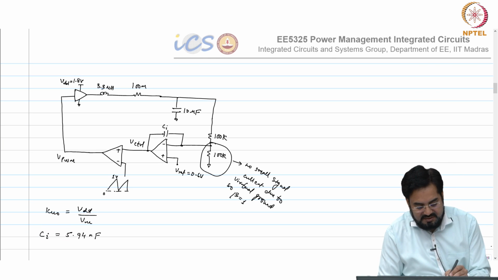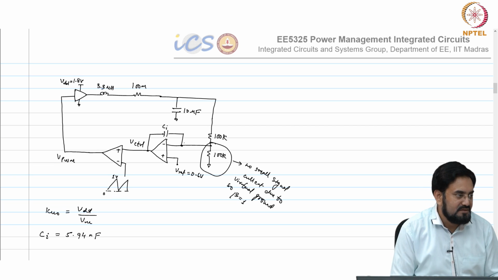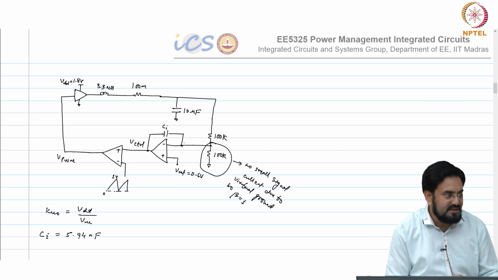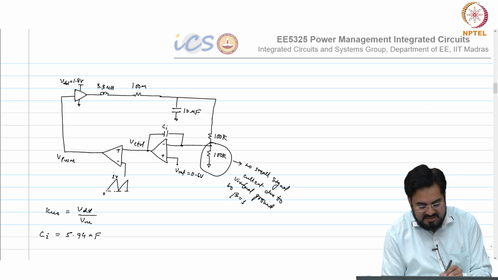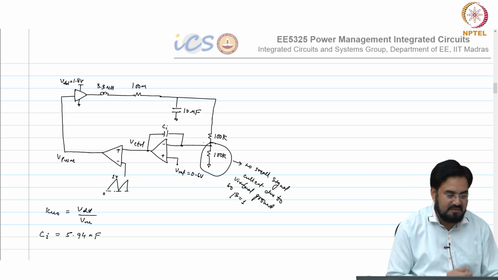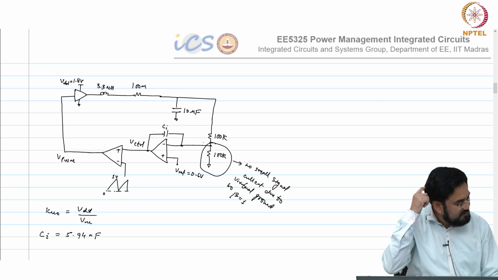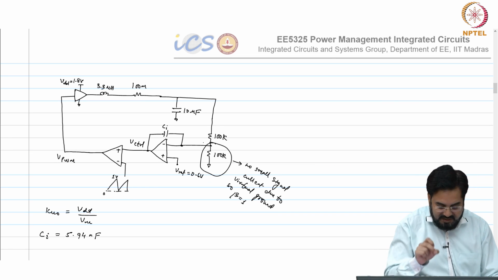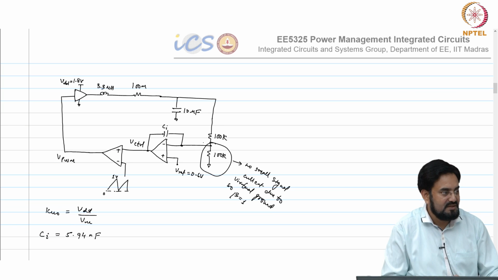And the higher the value is, you are making that node basically weaker, so it can pick up noise very easily. Which means this input impedance will be very high, so it can pick up any noise very easily. So, you have to be a bit careful when you make any node very high impedance, in terms of noise.